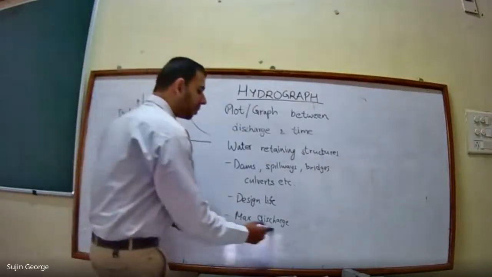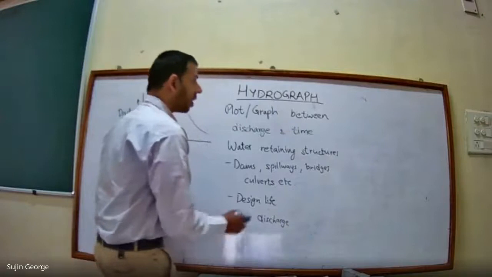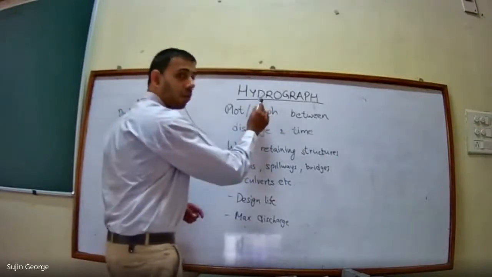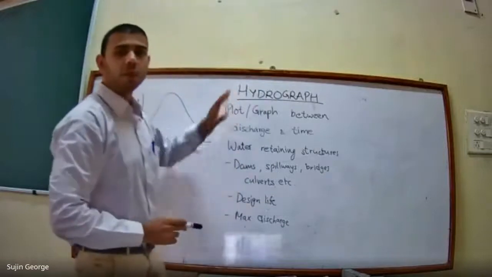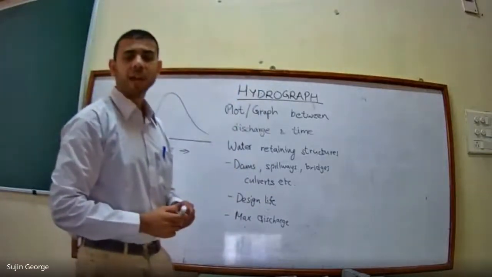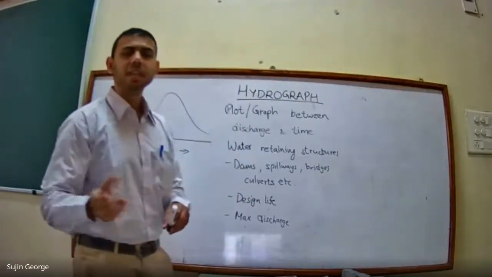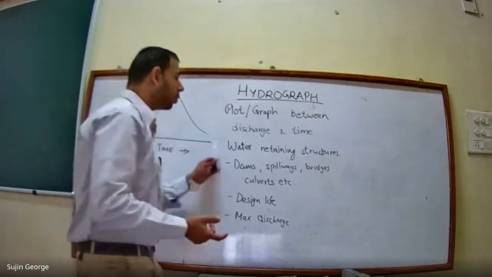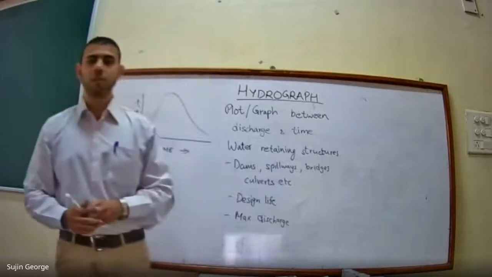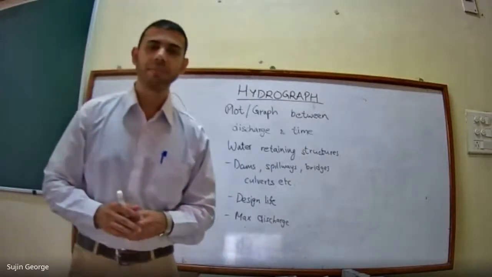So this maximum discharge is found out by the technique of hydrograph. So basically, hydrograph is very important to a civil engineer in order to build these water retaining structures.